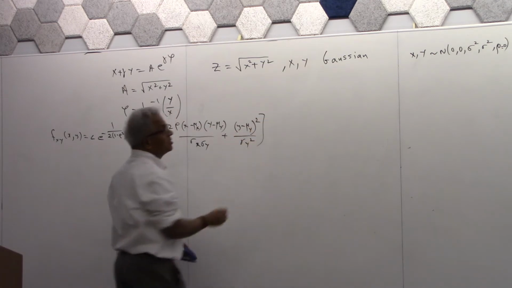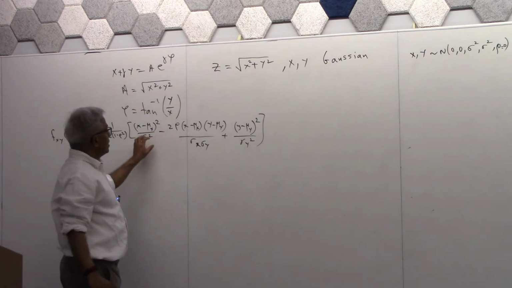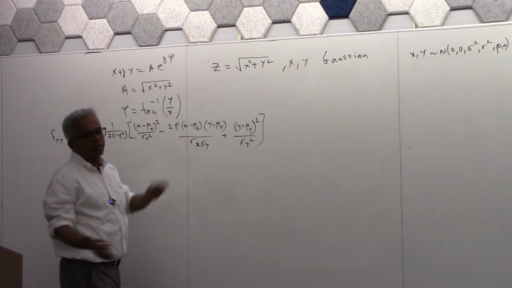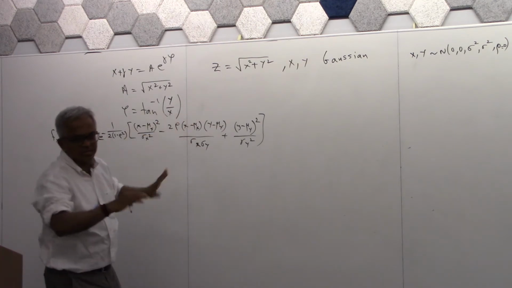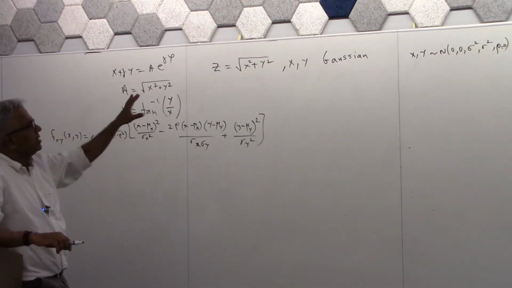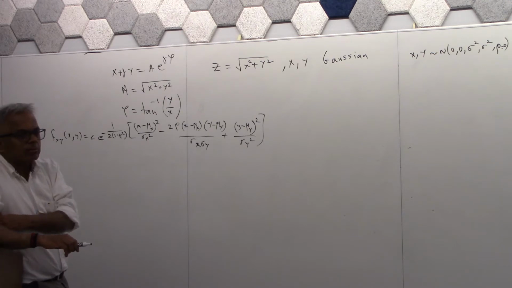First I'm going to do the simplest case. The mean is 0, the variances are equal, and this cross term is not there, so x and y are independent. You can go home and do all these different cases, and the results are more and more complicated. But the neatest result is what I'm going to do now.